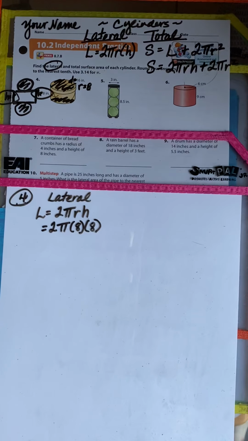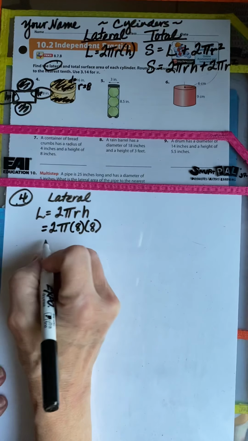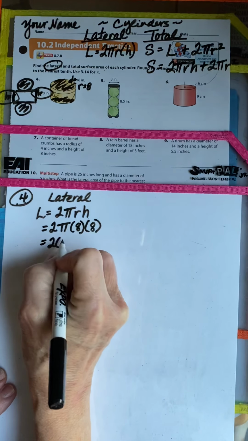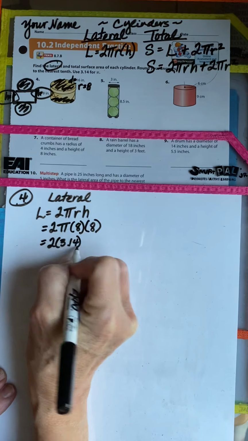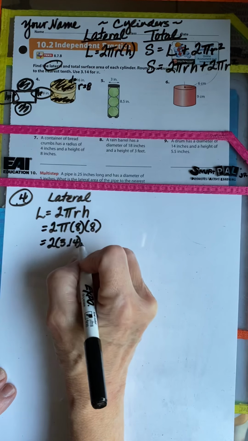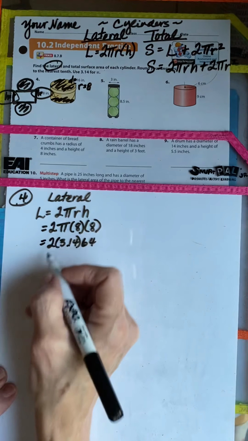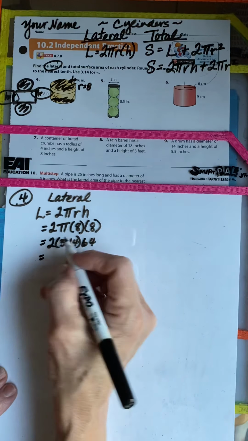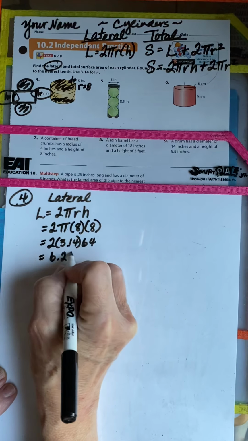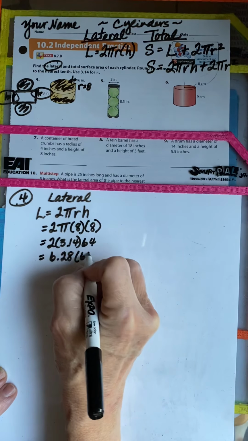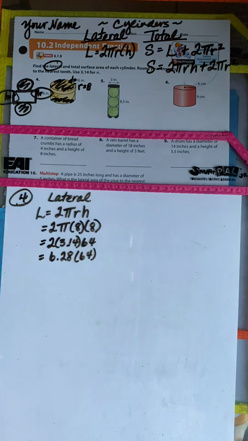I'm just changing my mind, y'all. It's hard for y'all to see that. Let's just go 2, 3.14 times 8 times 8, 64. Sound good? 2 times 3.14 is 6.28 times 64. All right, let's go for it.